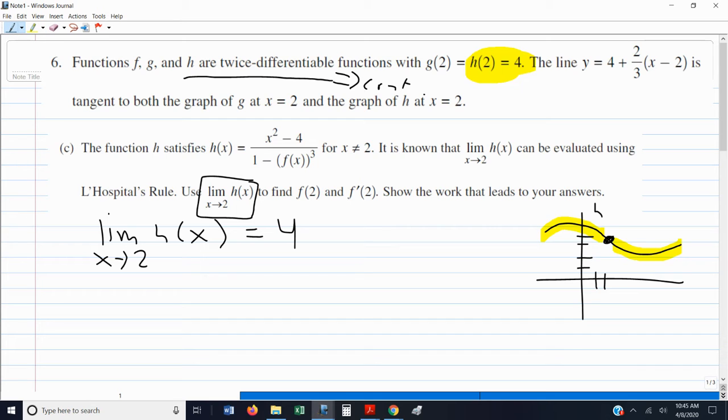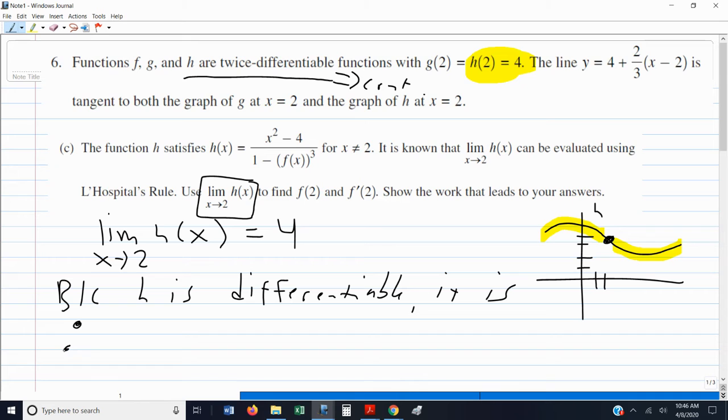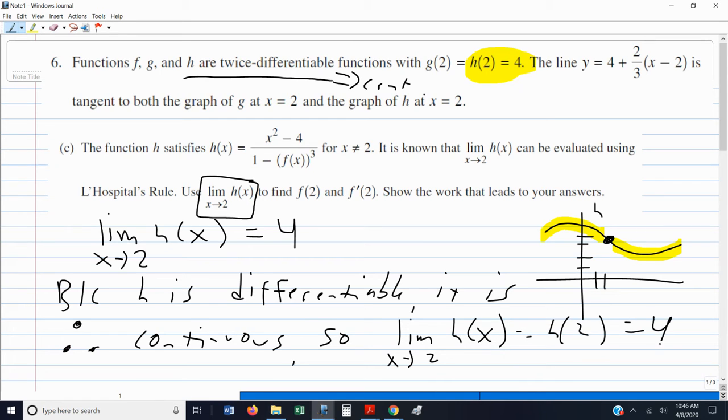So the rubric has a statement there that says, because h is differentiable, it is therefore continuous, and that is what makes us allowed to make that leap, that the limit is going to be the same as the output there.